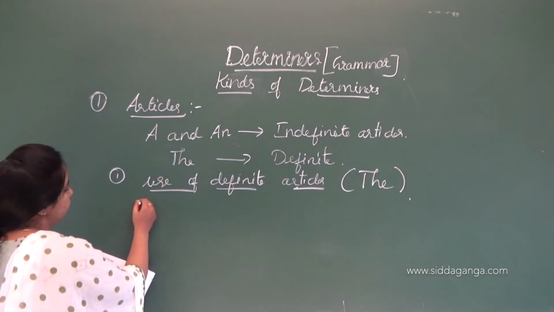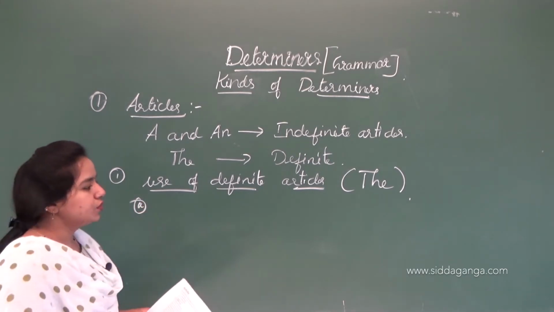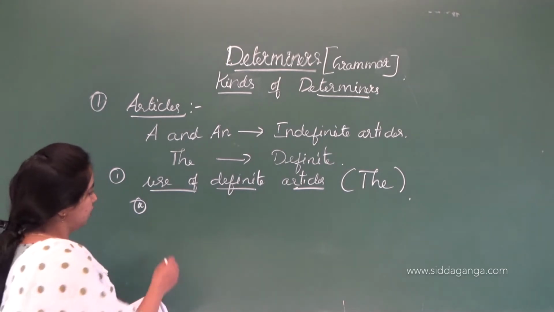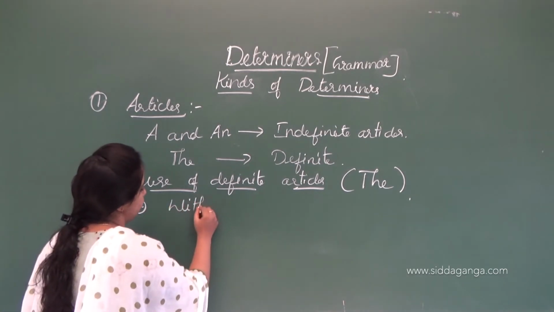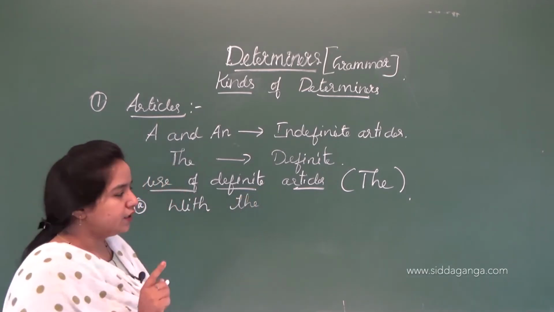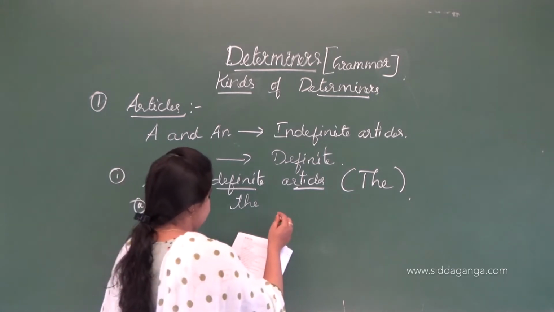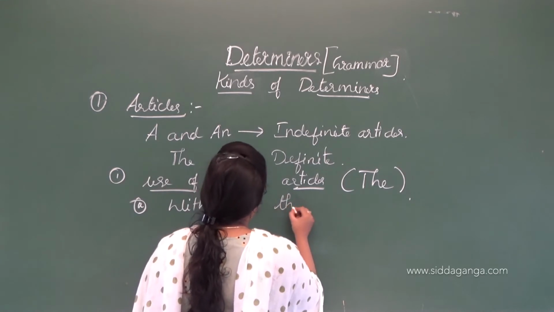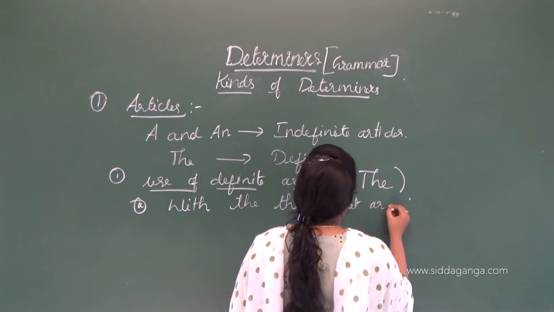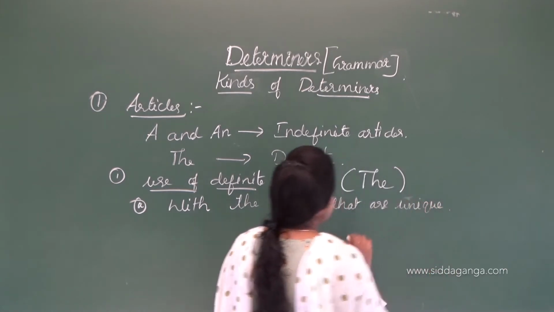Let's begin with the rule of how to use the and where we are going to use it. With things that are unique. We use the definite article with things which are unique, that are precious, that are very special.